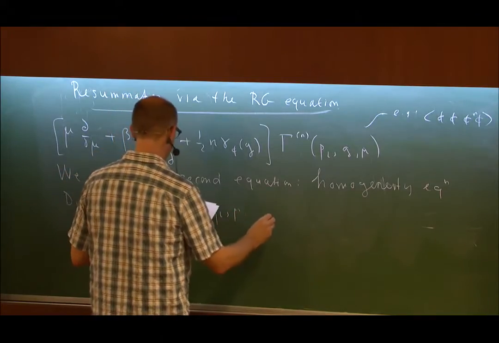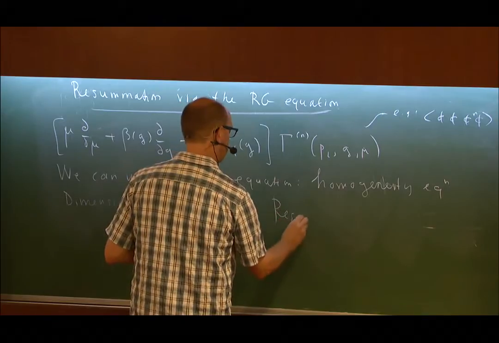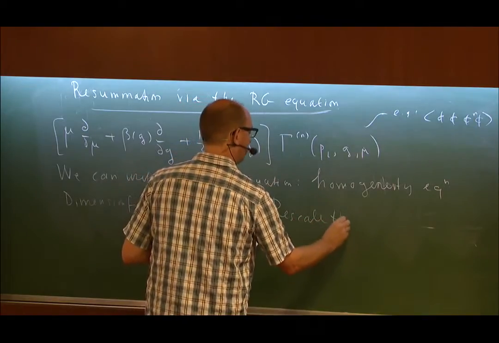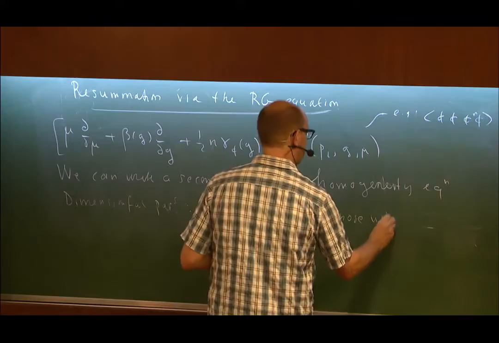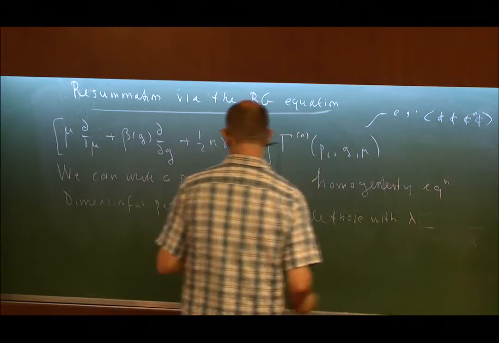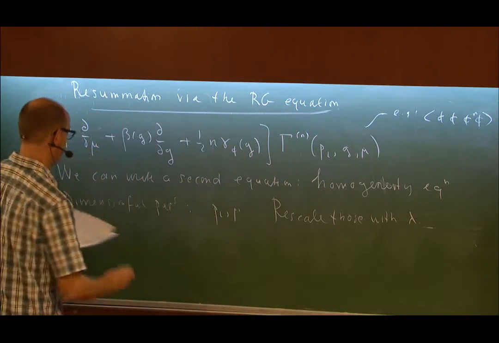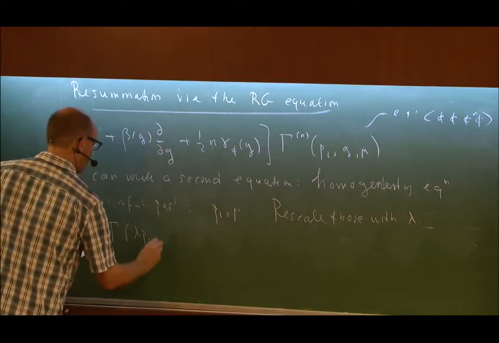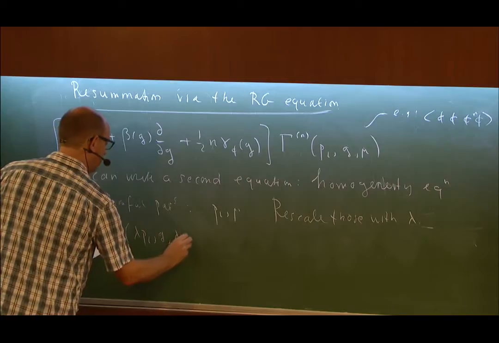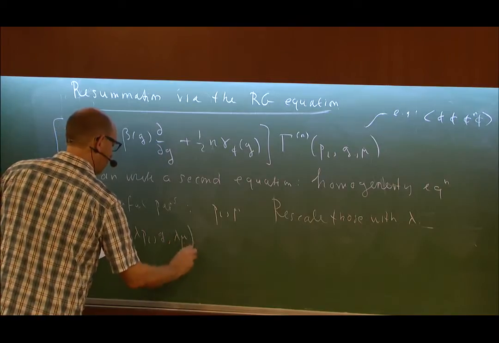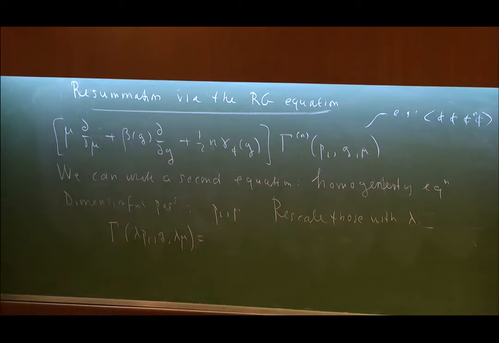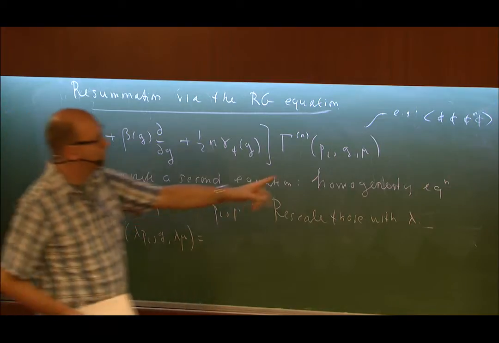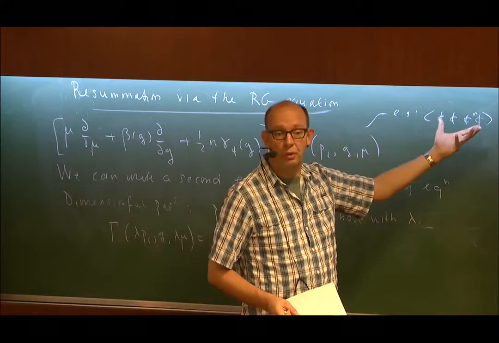If I rescale those with lambda, I will get that gamma of lambda p_i, the coupling g, lambda mu, will be, well, this thing will have some dimension. If it's phi to the 4th, it will have dimension 4.